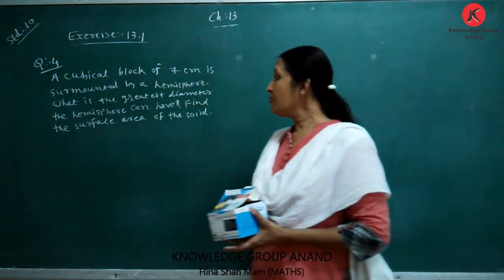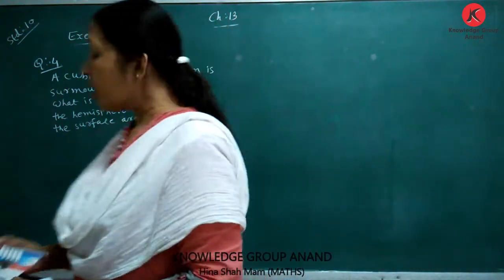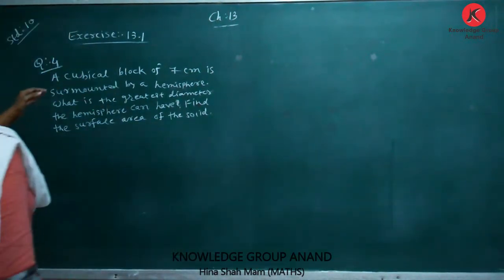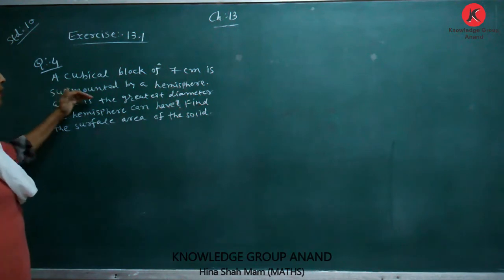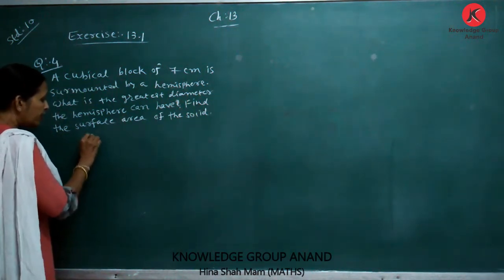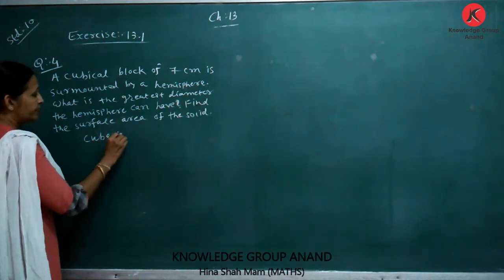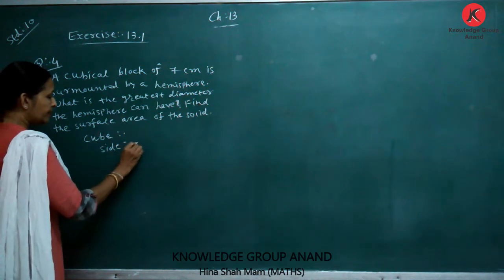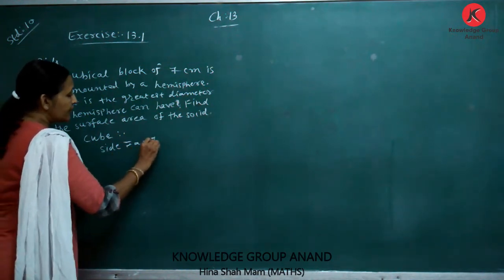In this question, a cubical block of 7 centimeter, whose length is 7 centimeter, is surmounted by a hemisphere. The cube's side a is equal to 7 centimeter.